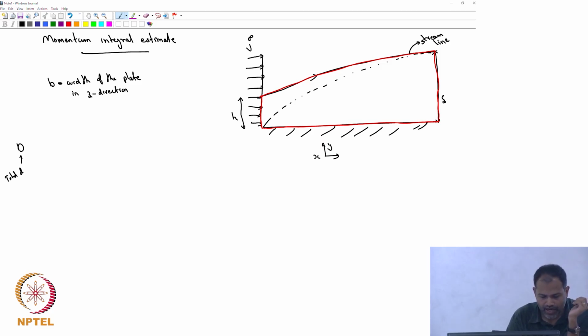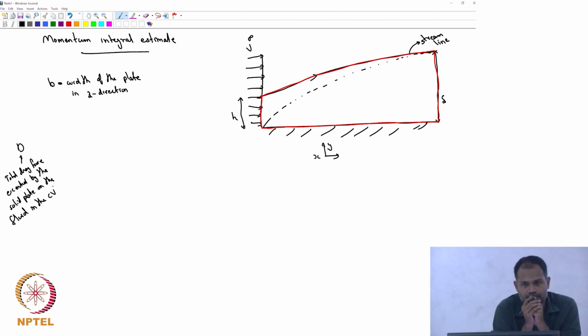The total drag force exerted by the solid plate on the fluid in the control volume. And that should be equal to the flux in minus flux out.